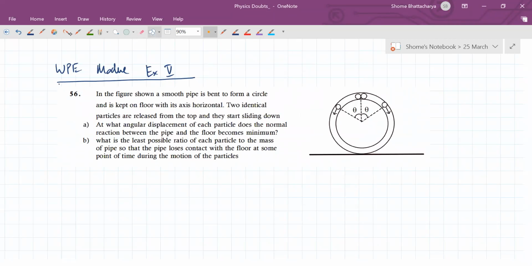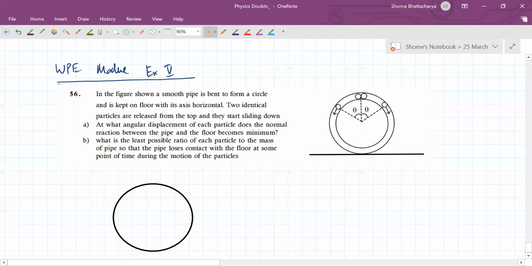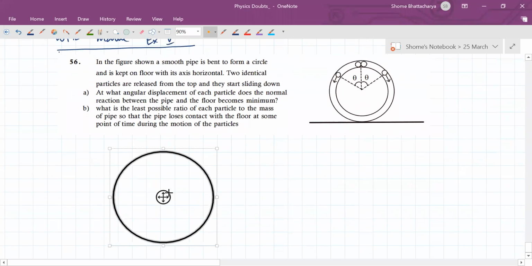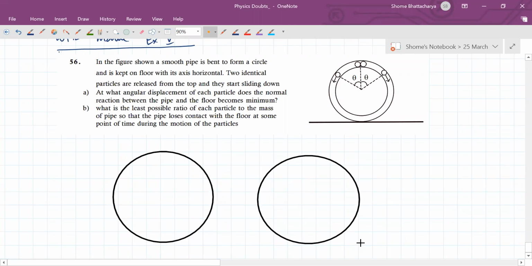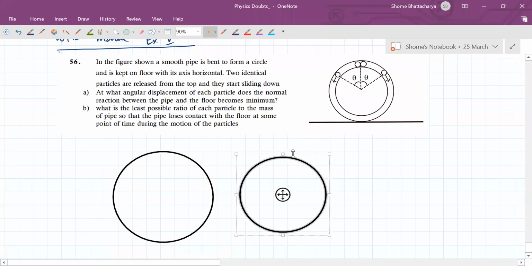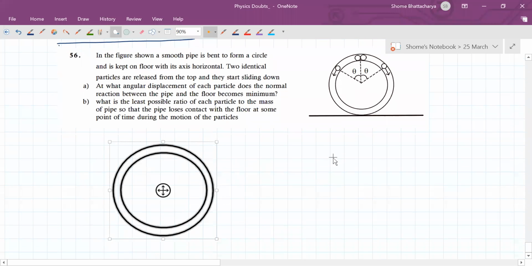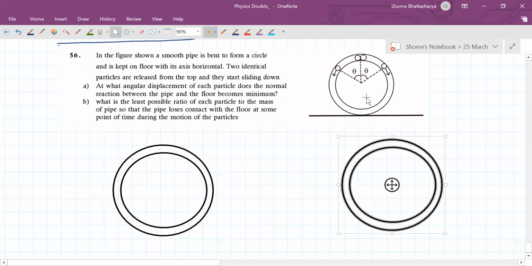Okay, so what is happening here? When the two spheres start out from the top, their speeds are zero.